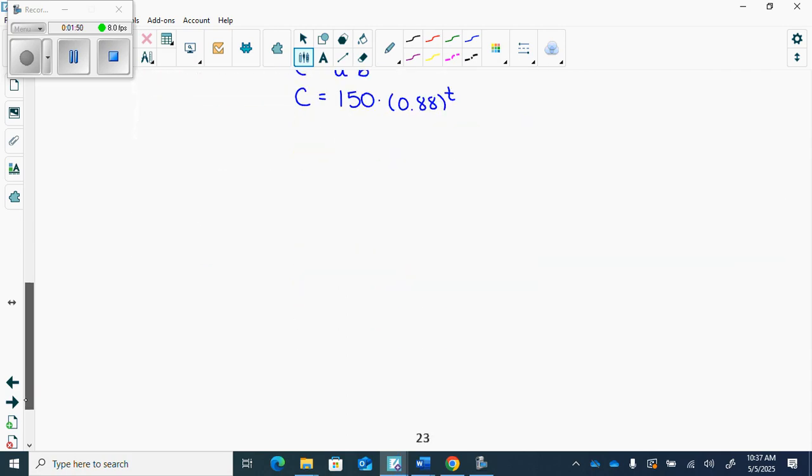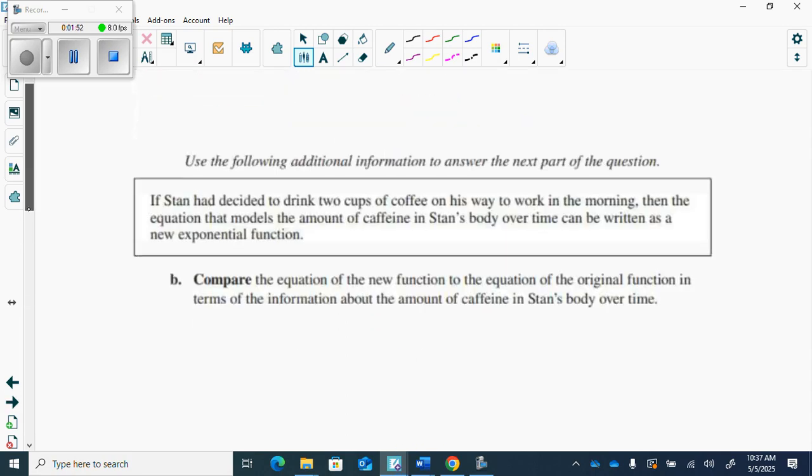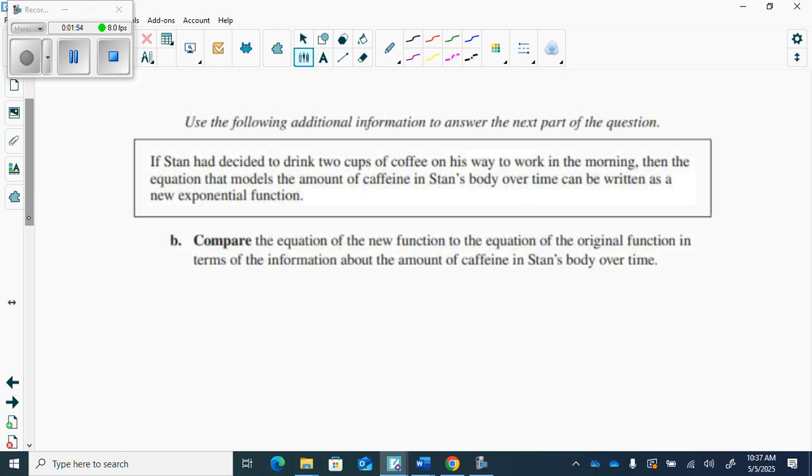Okay. Then part b: if Stan decided to drink 2 cups of coffee on his way to work in the morning, then the equation that models the amount of caffeine in Stan's body over time can be written as a new exponential function. So now he's starting with 2 cups.